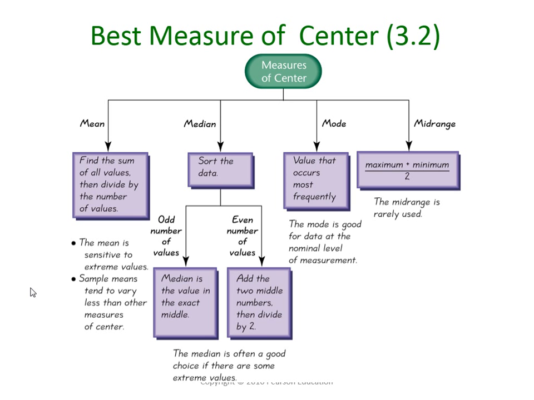When we had these things in order, we had the 0, 1, 1, 2, 2, 3, 3. When we didn't have the 9 in there, the 2 was the very center. When I add the 9, now I've got 8 values. The middle 2, in this case, are both 2s, so the mean of the two 2s is still 2.